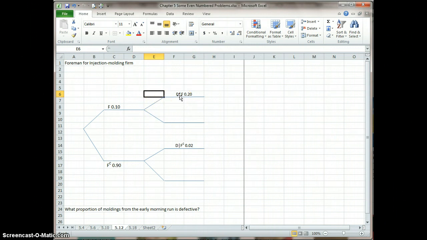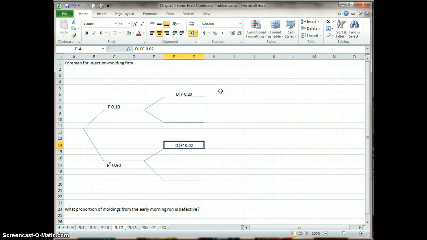In this case, that 10% of the time that he does forget, the probability goes up to 0.20, where the other times it was 2%. So 0.02 there.